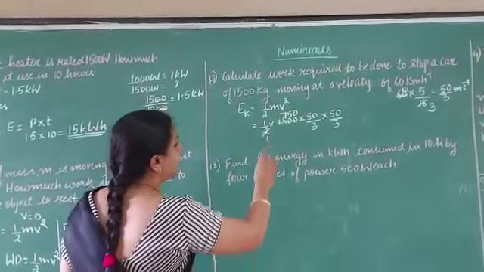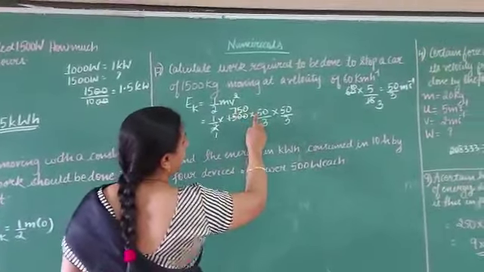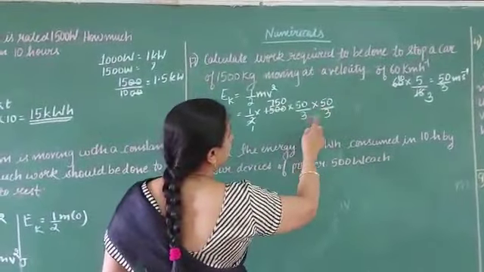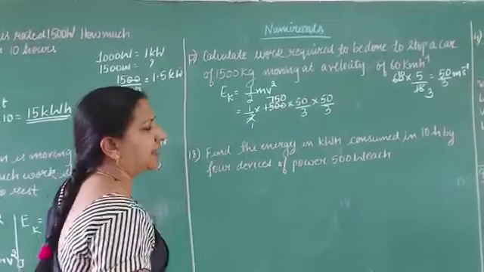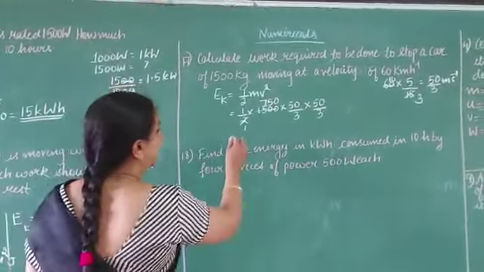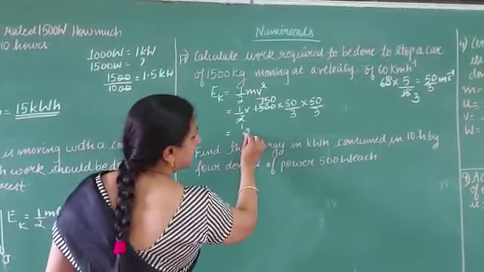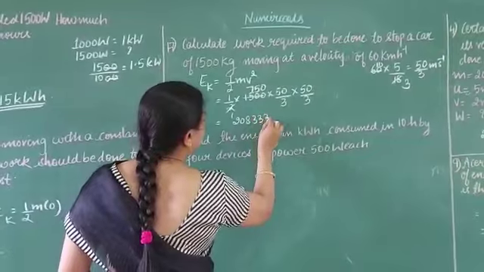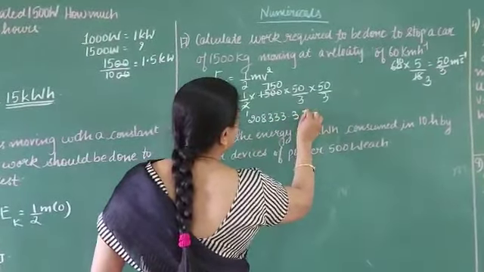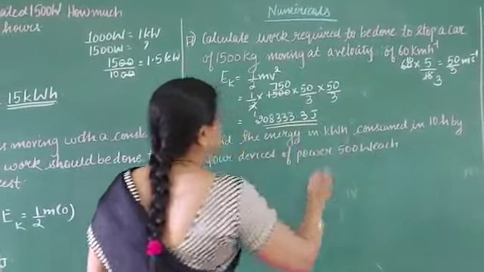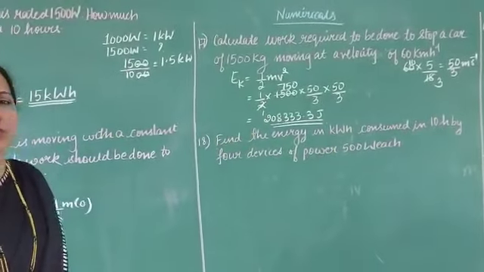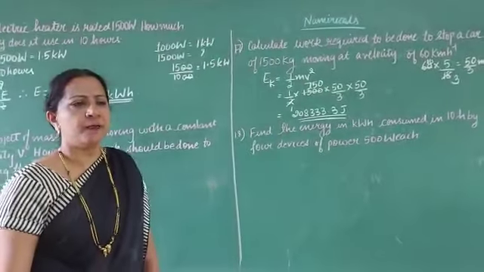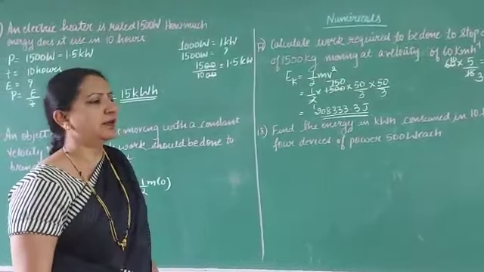So you have to multiply this 750 into 50 into 50 divided by 9. Okay, you please do that. You will get the answer 20833.3 joules.